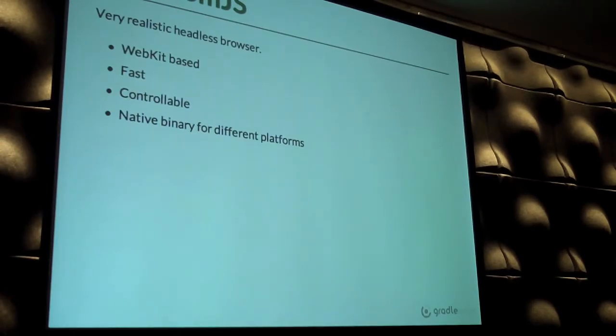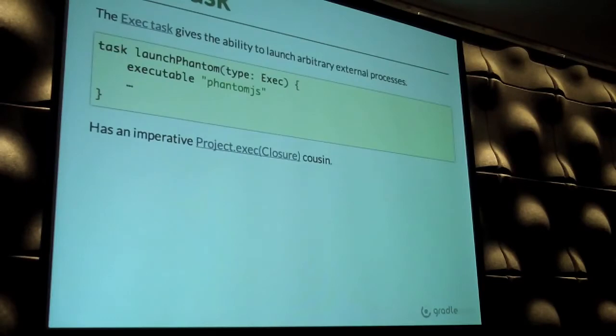Though it is implemented, not sure in what language, you do have native binaries: a Mac version, a Linux version, a Windows version. If you're using it for automation, you need to be sensitive to that, so if you're provisioning Phantom.js in your Gradle build, look at the environment and make sure you get the Mac one, etc. In this situation we're just going to assume that the user has Phantom.js installed on their machine.